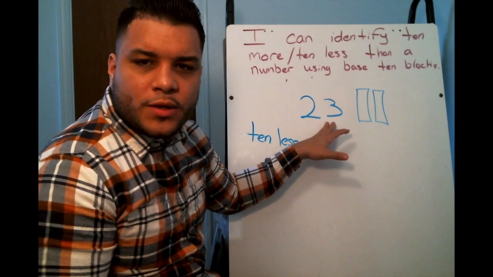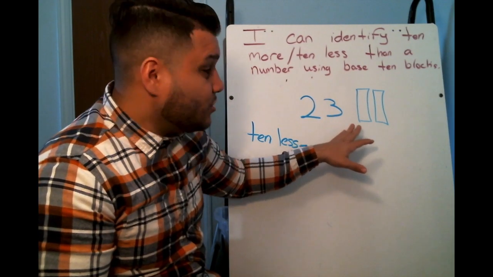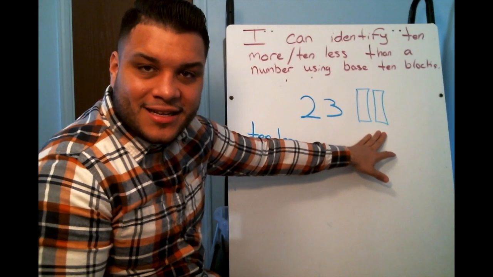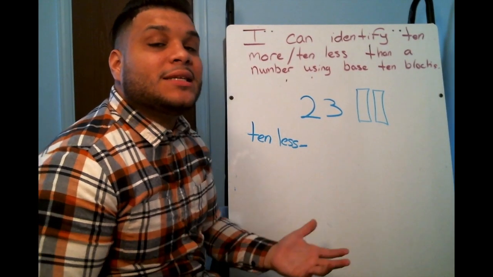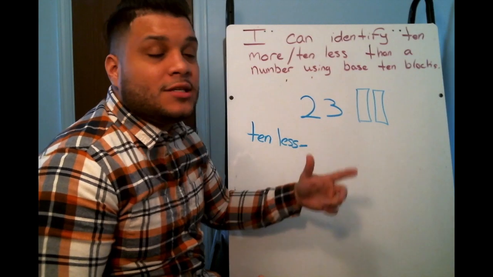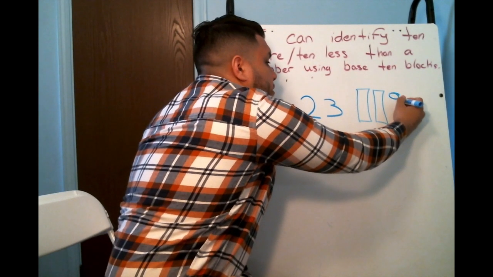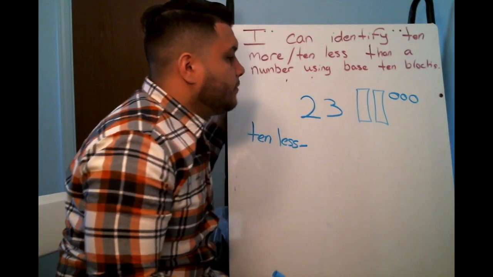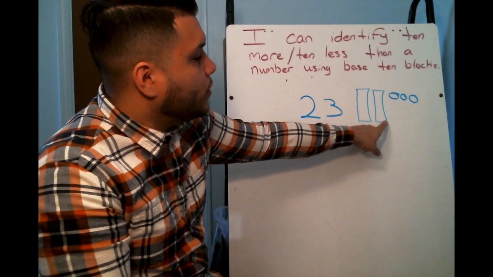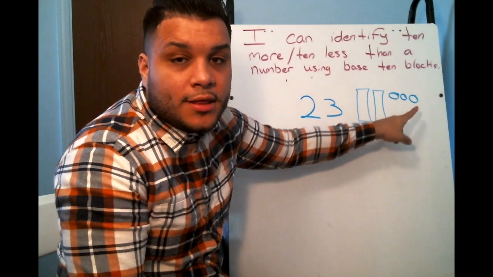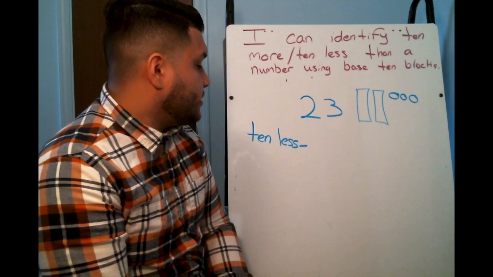So what do I need to do with this 3? Am I going to draw 3 more 10s blocks? No, now I'm going to draw single cubes because that is what I draw to represent my 1s. So I'll draw 3 single cubes. Now when I count this, I have 10, 20, 21, 22, 23. 23 and 23 are the same.